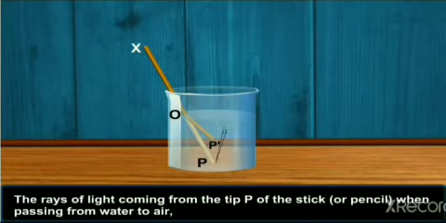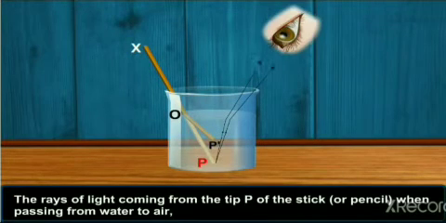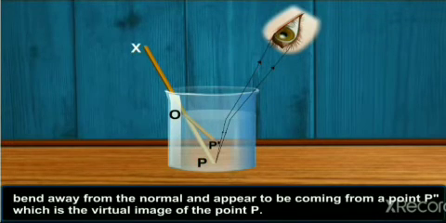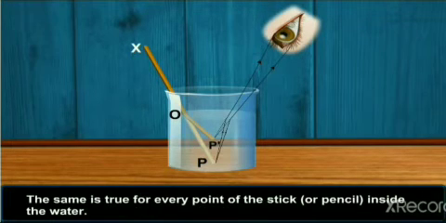The rays of light coming from the tip P of the stick or pencil, when passing from the water to air, bend away from the normal and appear to be coming from a point P dash, which is the virtual image of the point P. The same is true for every point of the stick or pencil inside the water.